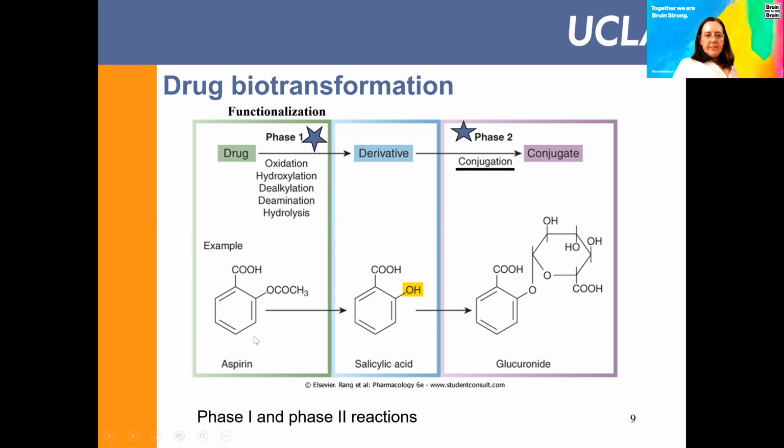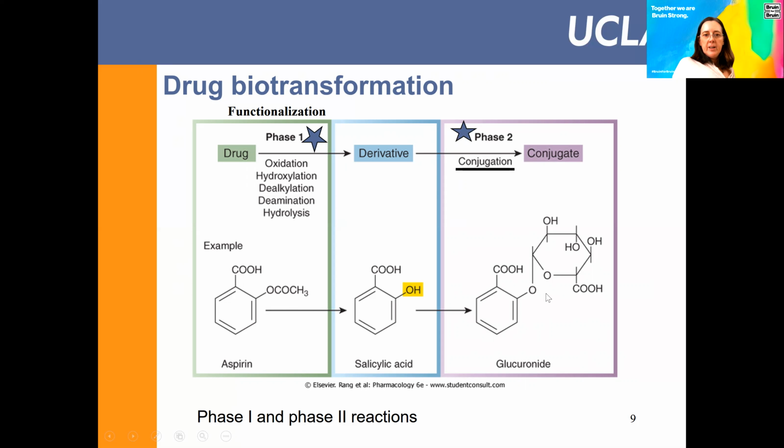And here you see aspirin is metabolized into a derivative, so a metabolite. You see that this function was removed, and now you have an OH on this derivative, which is more polar. And then the phase two, which is a conjugation.